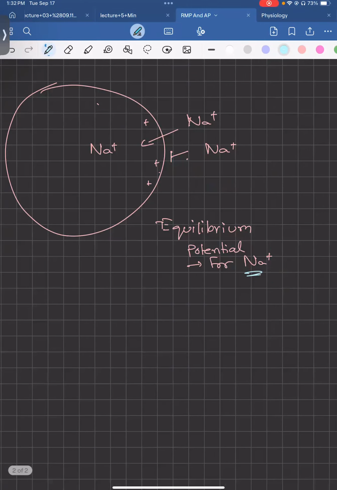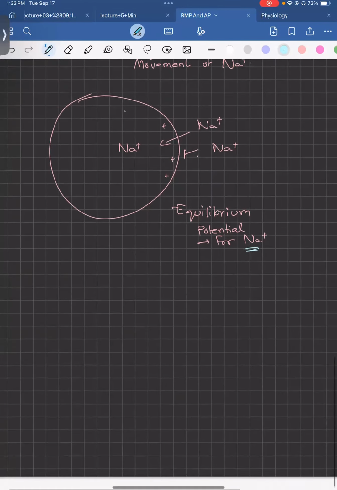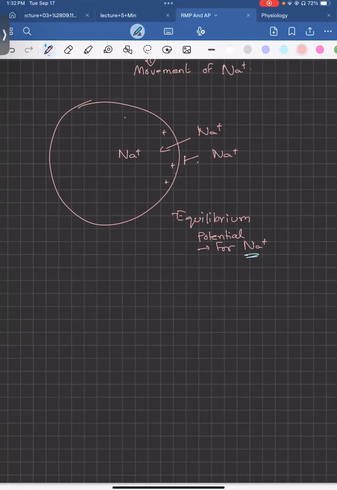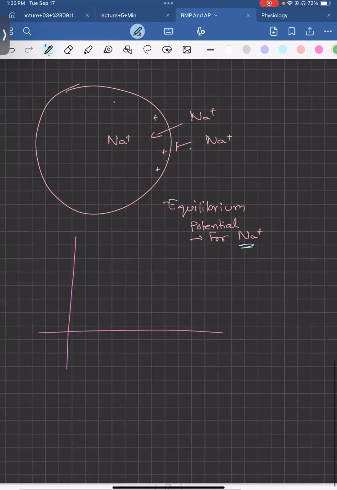So sodium. All right. If we want to imagine it in a diagram, I'm drawing a figure here of membrane potential.